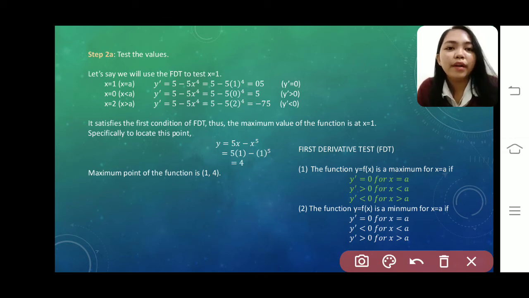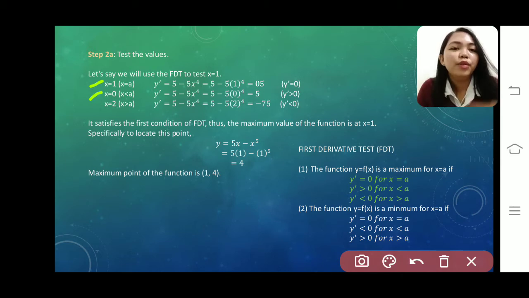So, for x equal to a, which is x equals 1, so we have y prime is equal to 0. So, paki-erase na lang din, wala itong 5 na to dito, 0 ang sagot dyan. So, for the time naman na kinuha natin yung value na x less than a, ang pinili kong value is x equals 0.